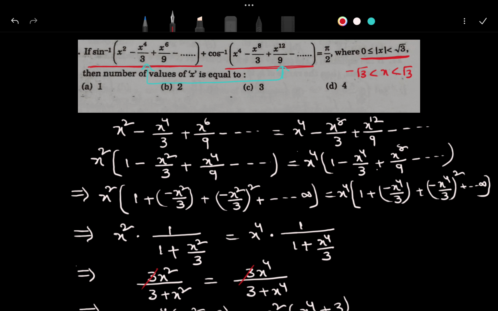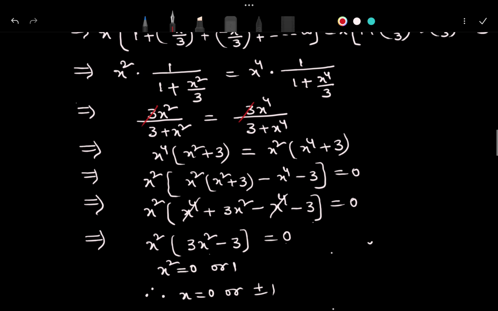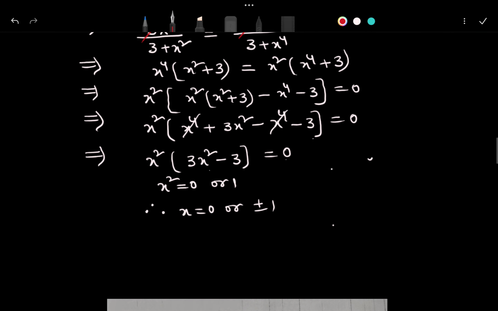This is the meaning of this one. So here you got that x values will be 0 or plus or minus 1. So clearly these will lie in that interval, minus root 3 less than x less than root 3.